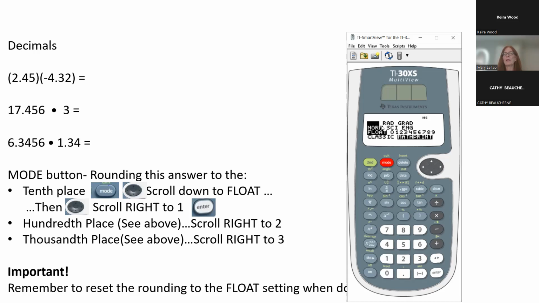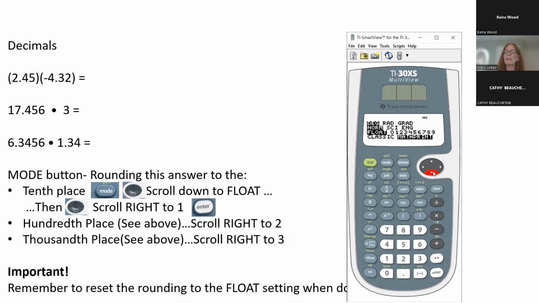When you click the mode button, it shows the default or the last setting you used. But if we want to round our answers, our decimals, to a certain place value, this calculator will do that for you. So we can scroll down to where it says float. And that's the default.